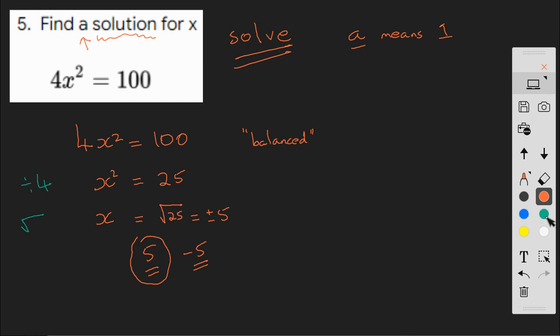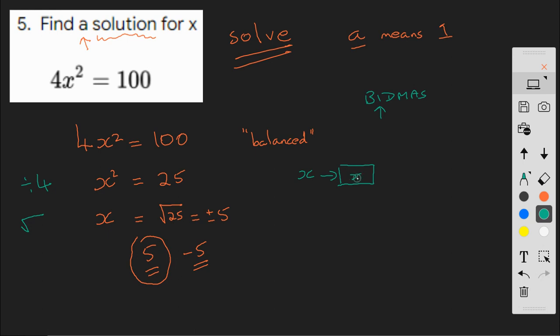Now, I said I'd also do this as a number machine for you. So this is where we see what's going on in our equation. So 4x squared, well, what does BIDMAS tell us to do here? We're going to follow our BIDMAS rules, and we've got some index numbers in here, the squaring.